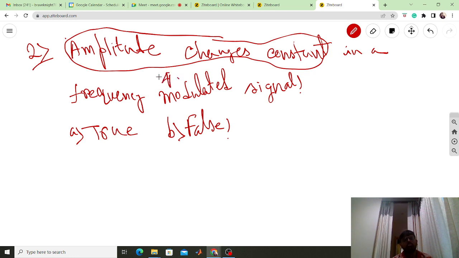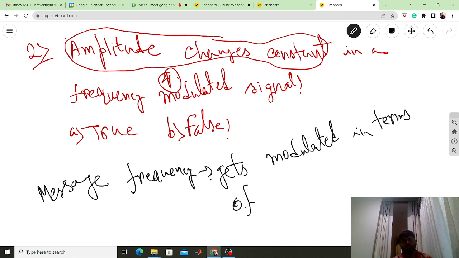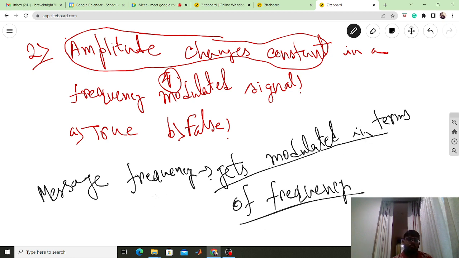We know that whatever the message frequency is, it gets modulated in terms of frequency, but the amplitude remains constant.